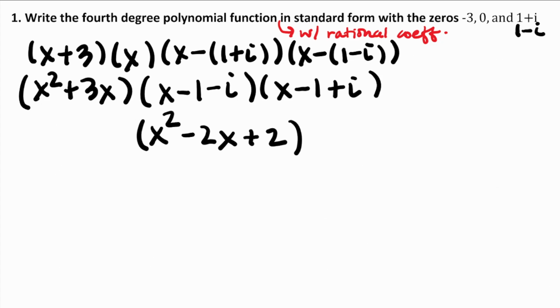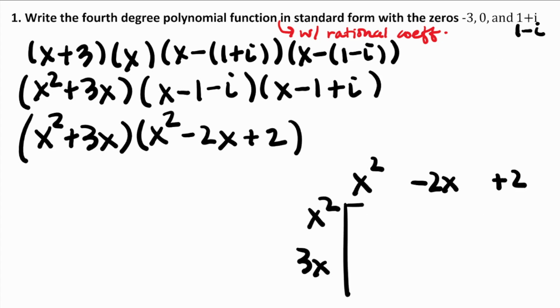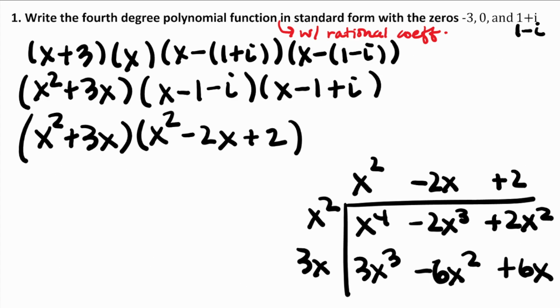So I'm going to erase all of that and say I've got x squared plus 3x multiplied by what I've got here. And this might be a good time for another box. X squared -2x and positive 2 multiplied by x squared and 3x. Okay, there we go.